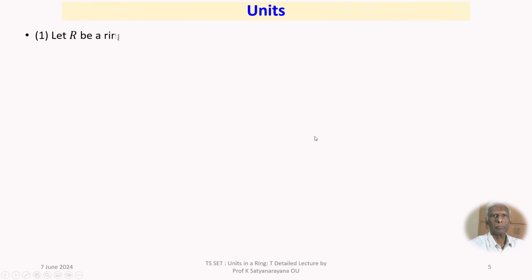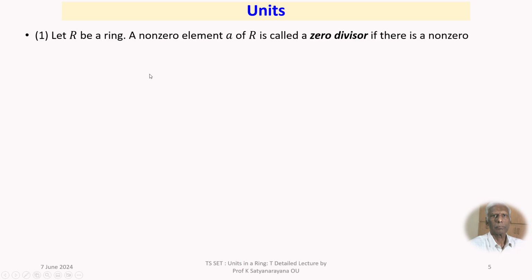Right. We start our discussion by the definition of a zero divisor. For that, we have a ring R, and a non-zero element A of the ring R is called a zero divisor if there is a non-zero element B in R such that AB is equal to 0, or BA is equal to 0.